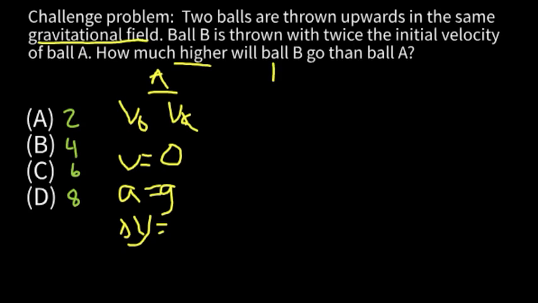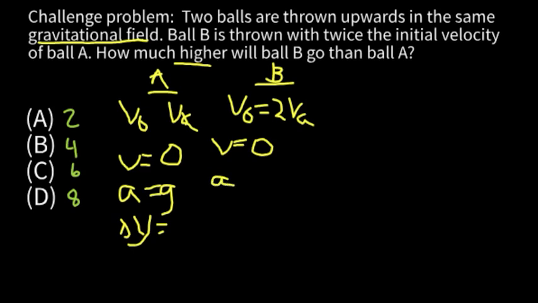Ball B is going to have an initial velocity of twice that of ball A, so we're going to say 2VA. It has a final velocity of 0, an acceleration of g, and we're also looking for delta y.